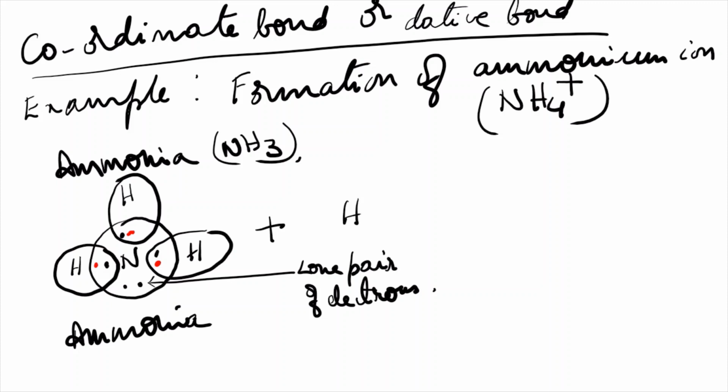Hydrogen ion is H plus, which does not have any electron. It has lost its electron. It has only one proton. When these two combine, this nitrogen shares this lone pair of electrons with the hydrogen ion, without the hydrogen ion contributing any electrons, and forms the ammonium ion.